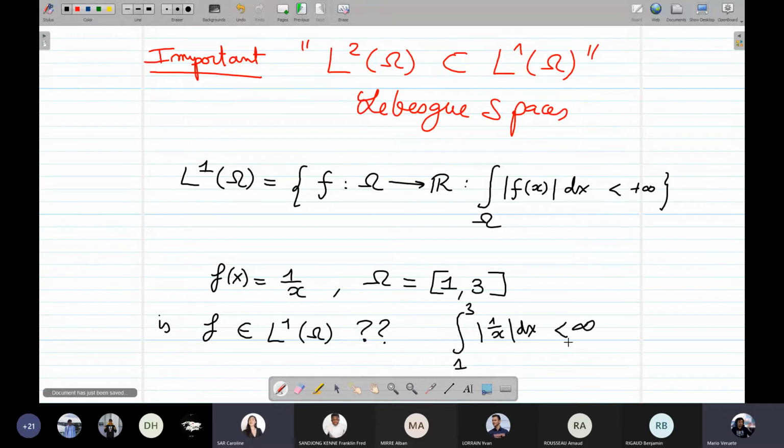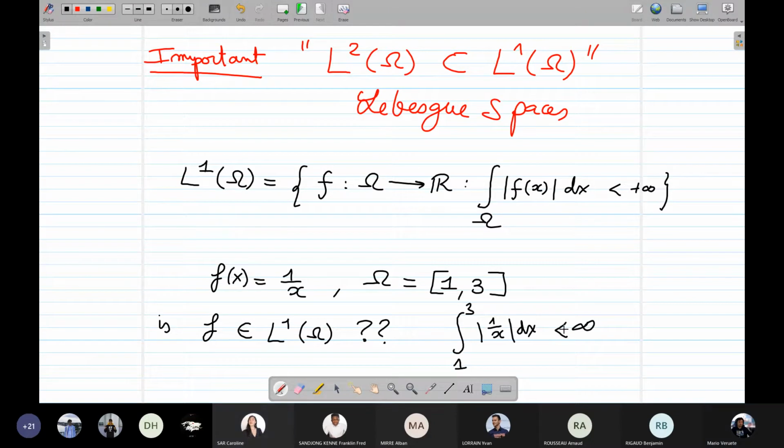What's the antiderivative of 1 over x? It's 1 over x squared. No. Someone? Maxence, what's the antiderivative of 1 over x? ln de x. Yes, the natural logarithm of x.